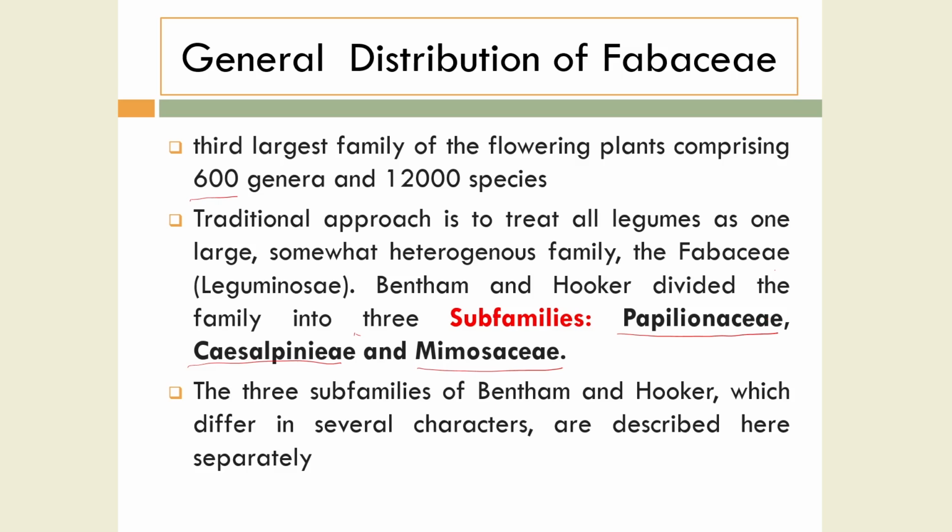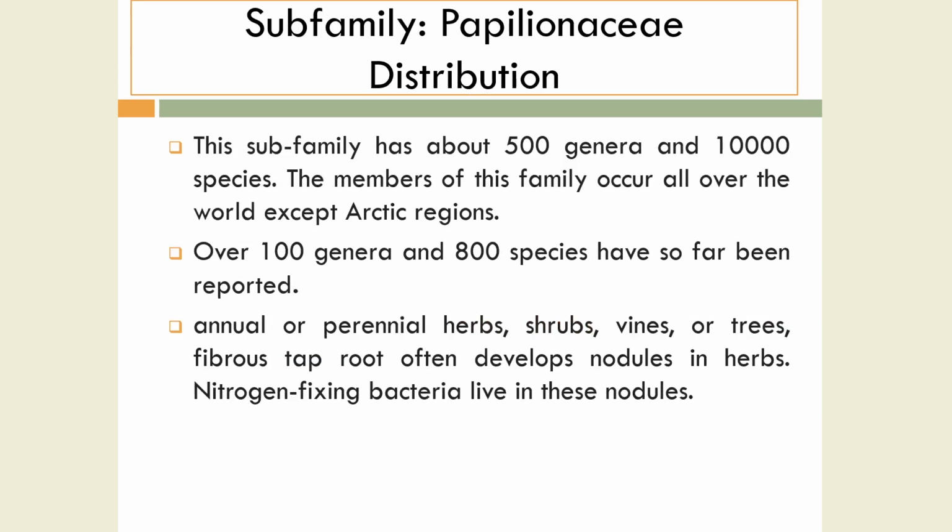These three subfamilies differ according to Bentham-Hooker, and we will study them separately in this session. These three are very important, as you can see, all the legume plants belong to this family.